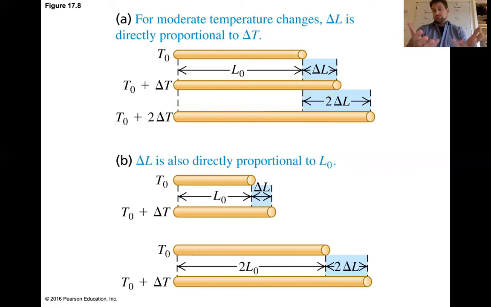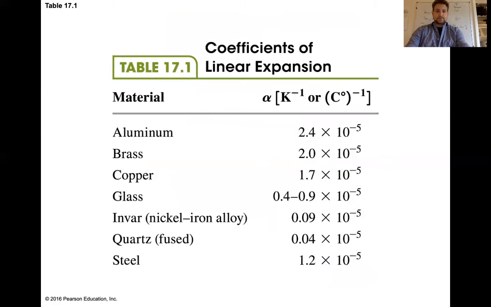So we can say it's directly proportional to temperature, directly proportional to the original length. We need a constant of proportionality. We need a coefficient of linear expansion. Let me bring back the whiteboard just briefly.